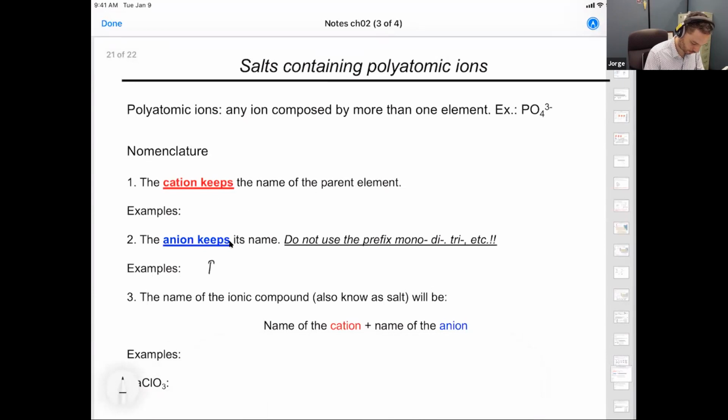PO4 3 minus is going to keep its name, which is phosphate. If you have, for example, sodium plus in the structure, that's simply the name of the element, no changes there, and this is going to be called sodium.